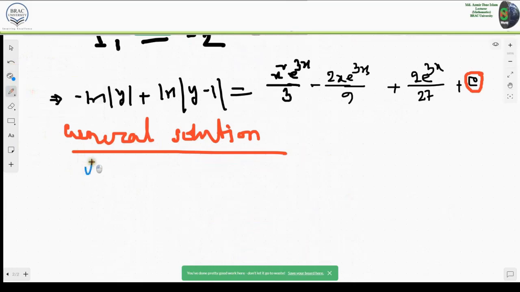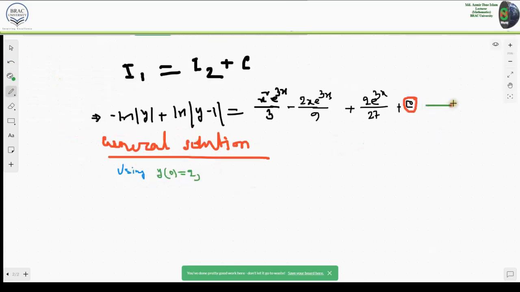So now I am going to use the initial condition, that is using the initial condition y of 0 equal to 2. So let's say this is equation 4.